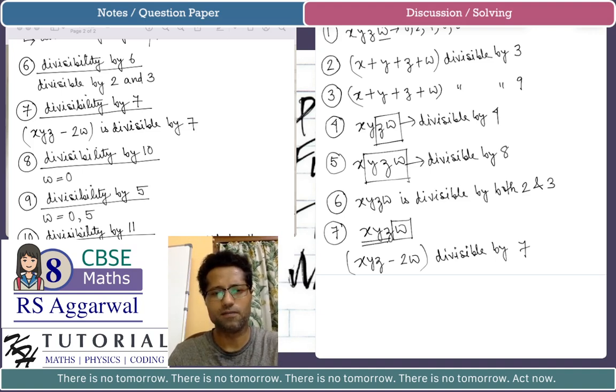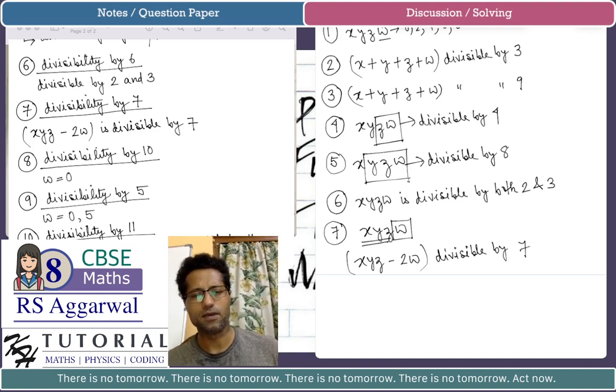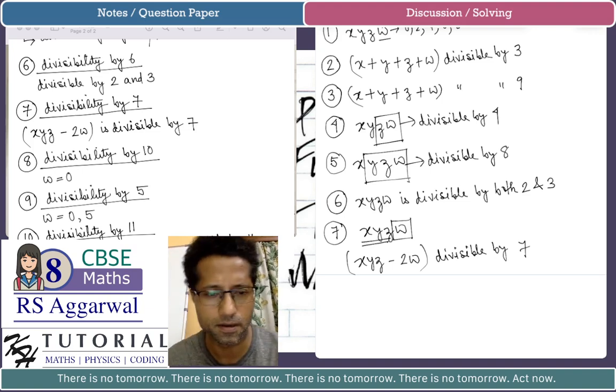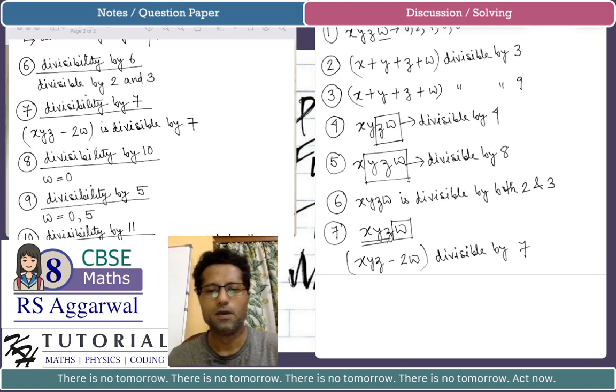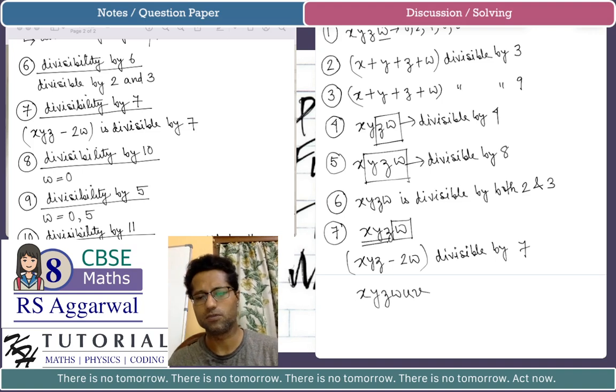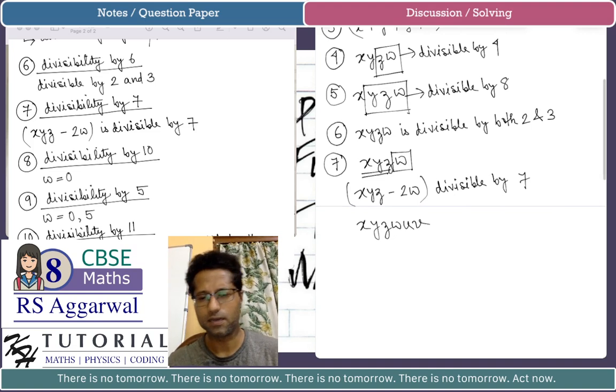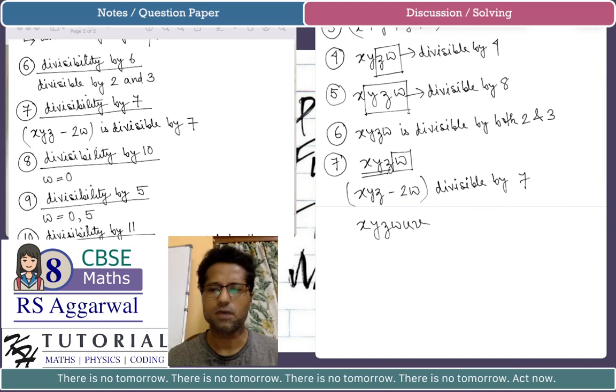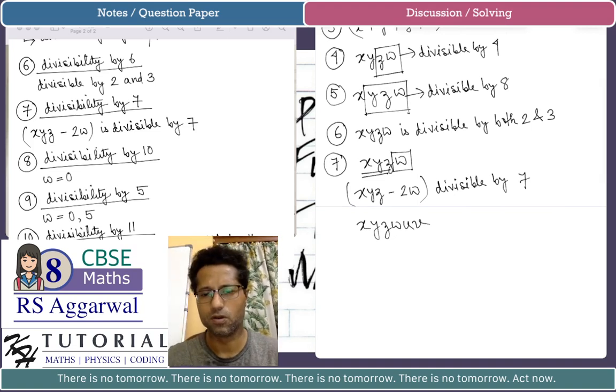So all the rules in the quick notes are based on the fact that the given input number is a four-digit number XYZW. Now, if the given number was X, Y, Z, W, U, V, then how will you check whether this number is divisible by 7 or not?